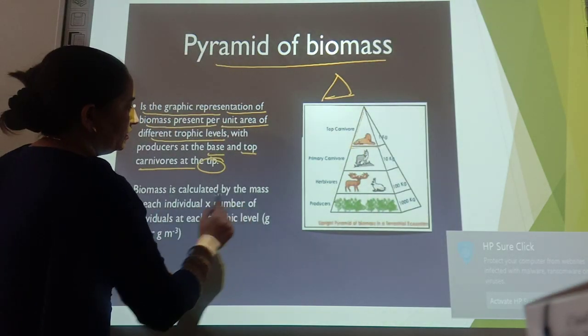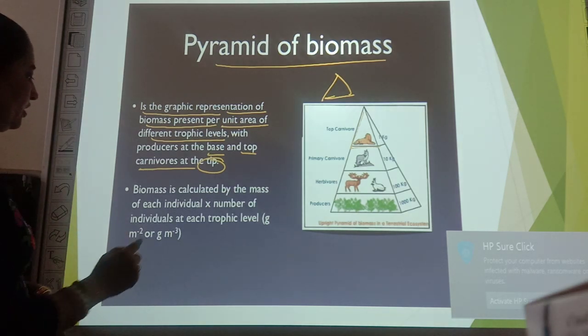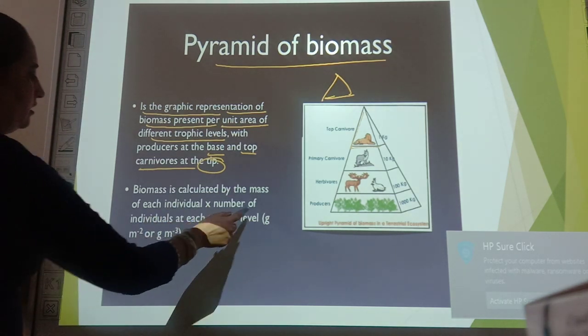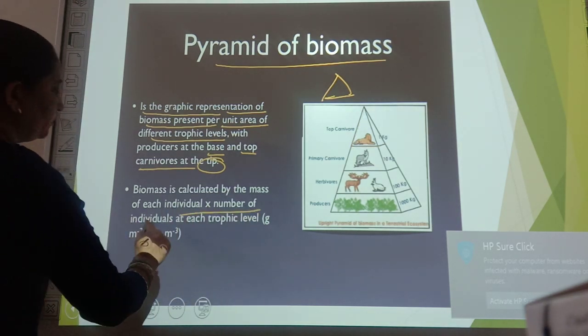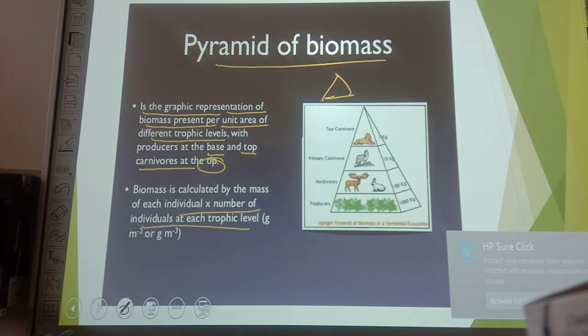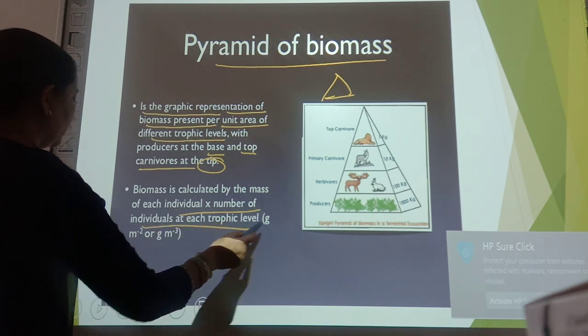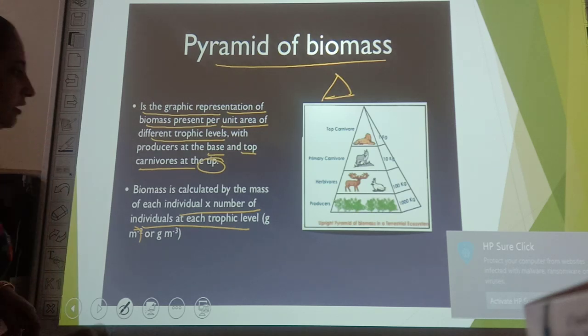Biomass is calculated by the mass of each individual multiplied by the number of individuals at each trophic level, and this is measured in gram per meter square.